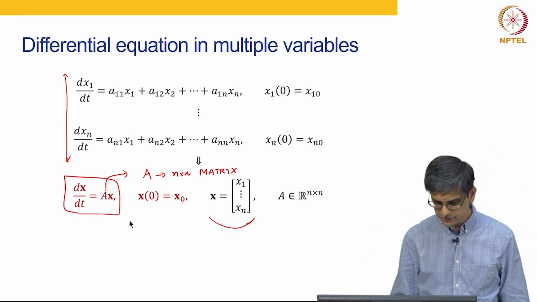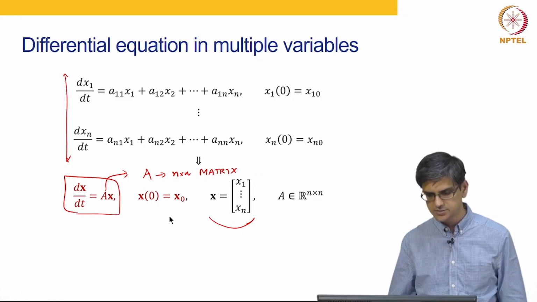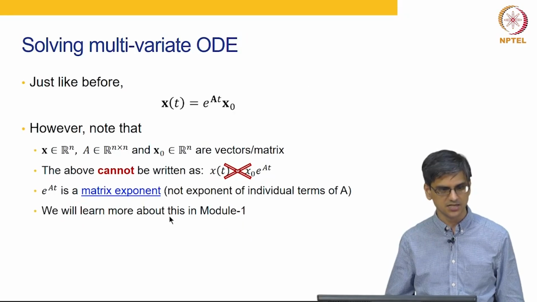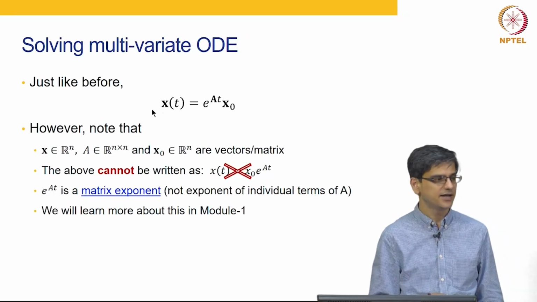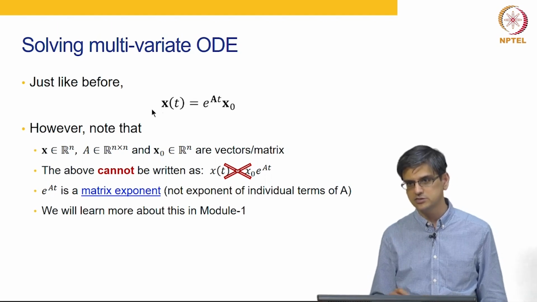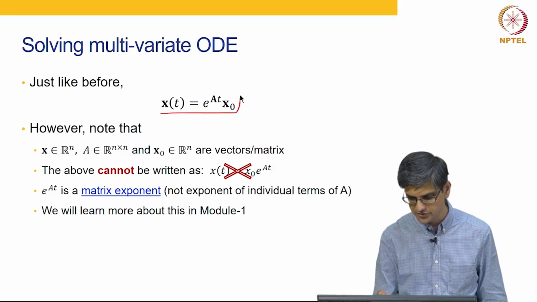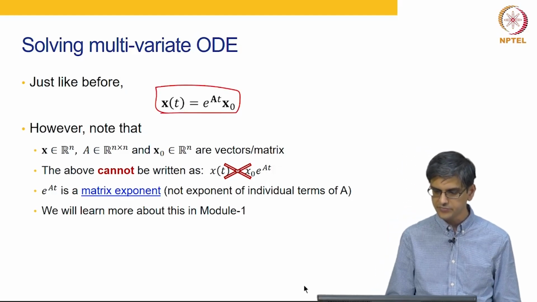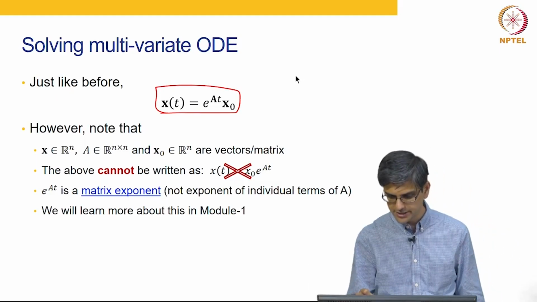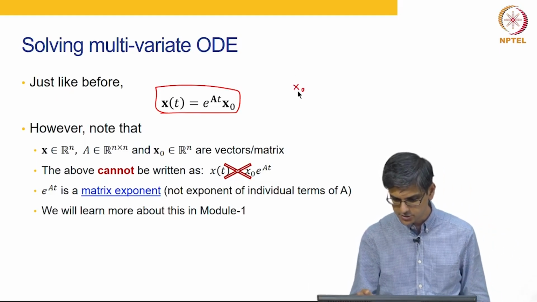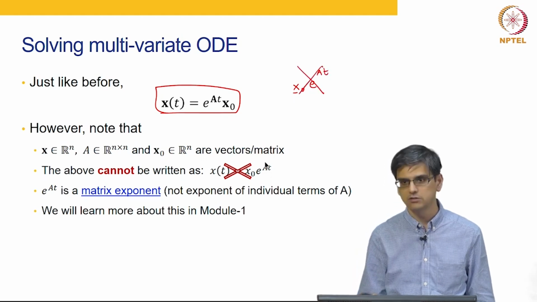Now if you wanted to solve this, the way to solve it, or the result at least, is very similar. Earlier we had x equal to e to the power small at multiplied by x naught, and in the same way you will have this as well. But an important thing: x naught bar multiplied by e to the power At is wrong. Why?